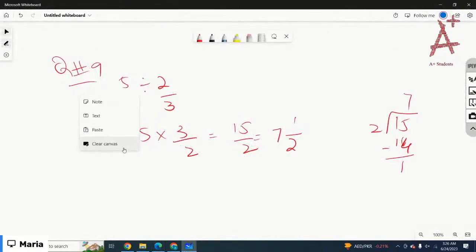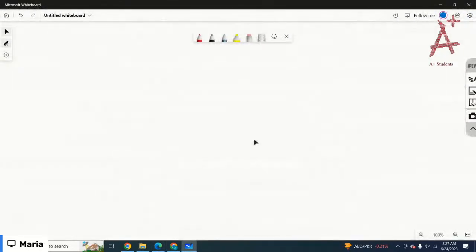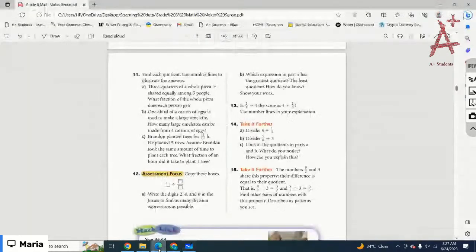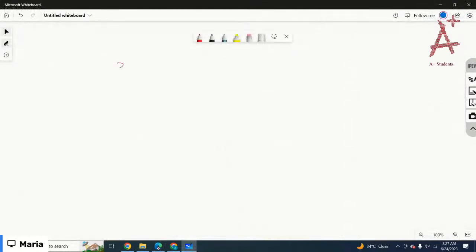So it would be 3 by 4 divided by 5. You can convert the division sign to multiplication and take the reciprocal of the fraction. So it would be 3 over 4 times 1 over 5. Got it?